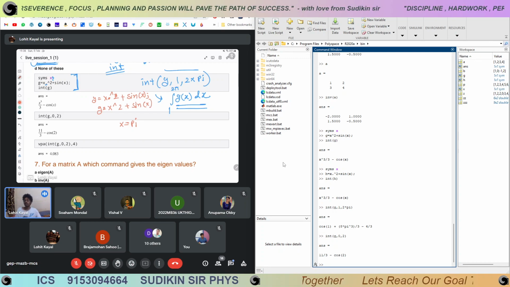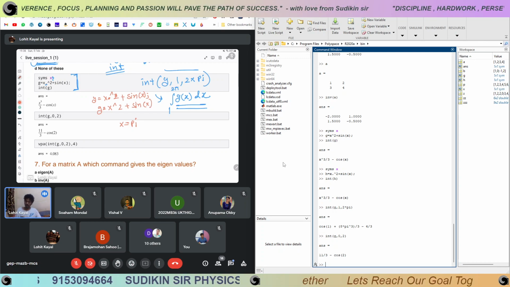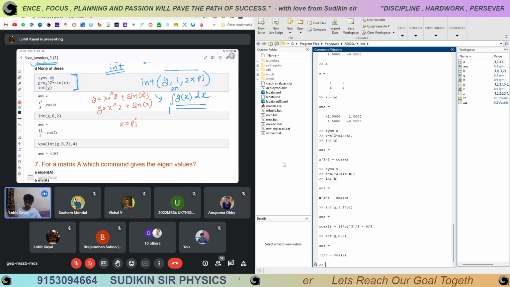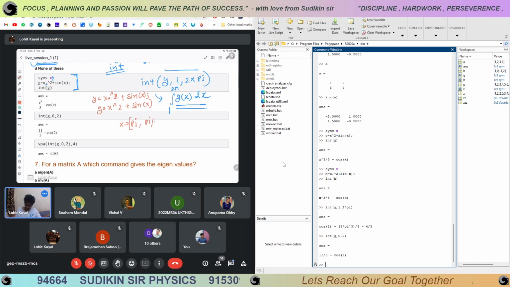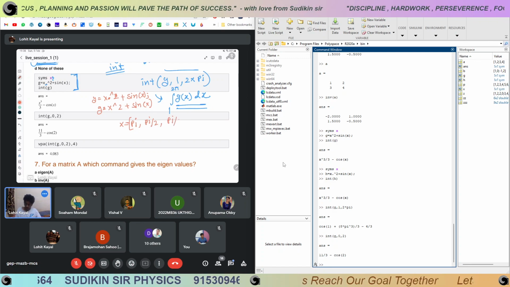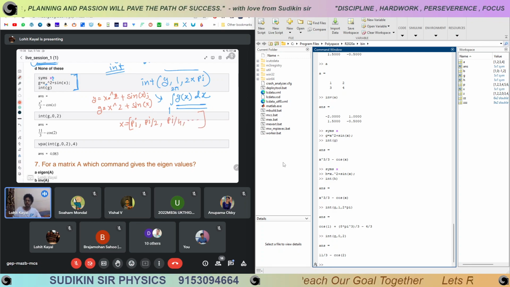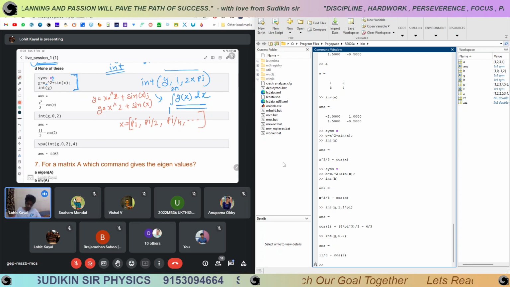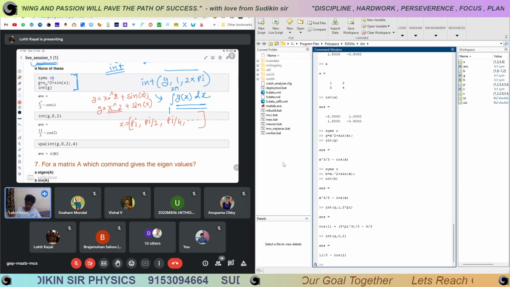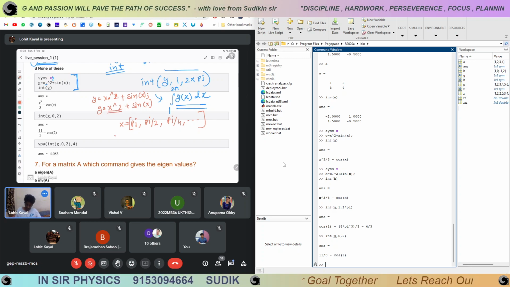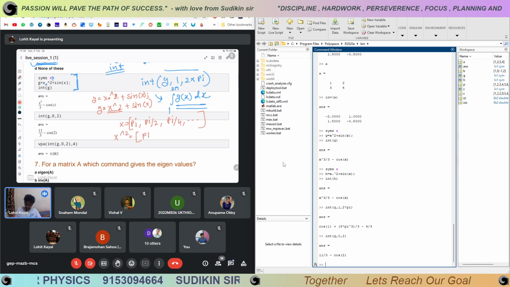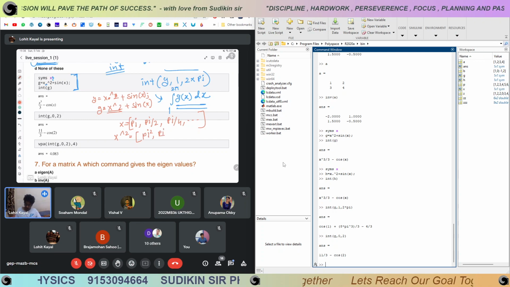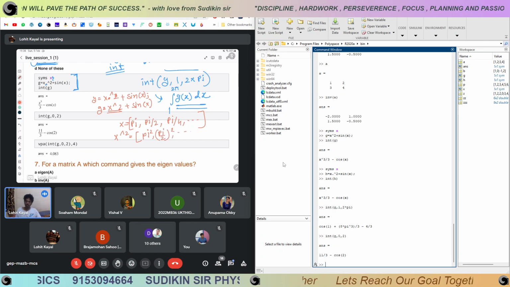Now suppose you are told that you have to find the value of g at various points, suppose at pi by 2, at pi by 4, and so on, so many values. Then x square will not mean pi by 2 whole square; MATLAB will not work in this way.